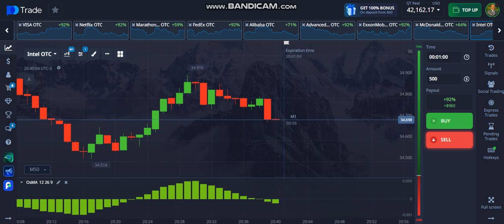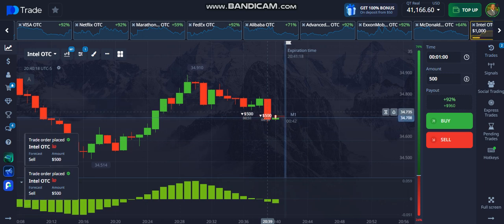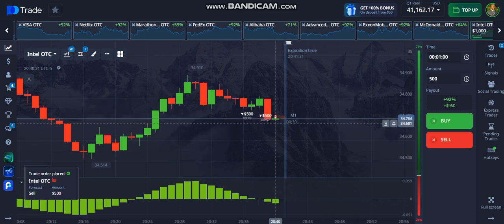All right. Okay, so I took the trade. I took a sell trade, anticipating that this strong bearish candle is the start of a bearish trend happening. We see the histogram starting to grow below the zero line there.